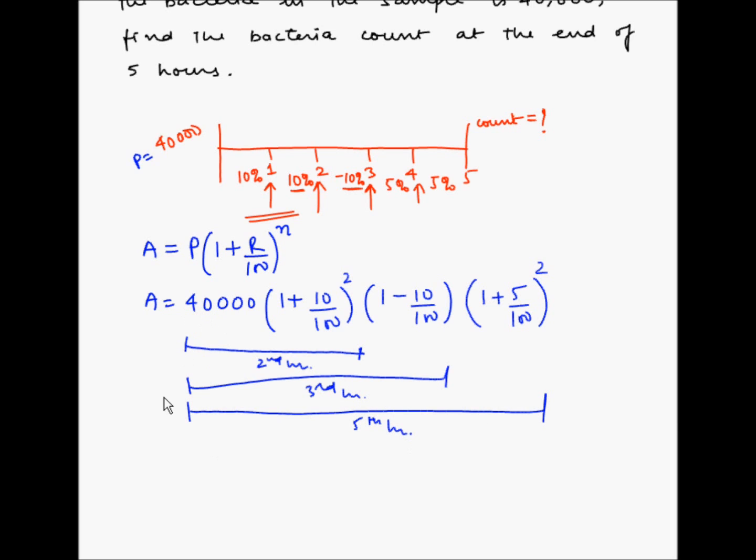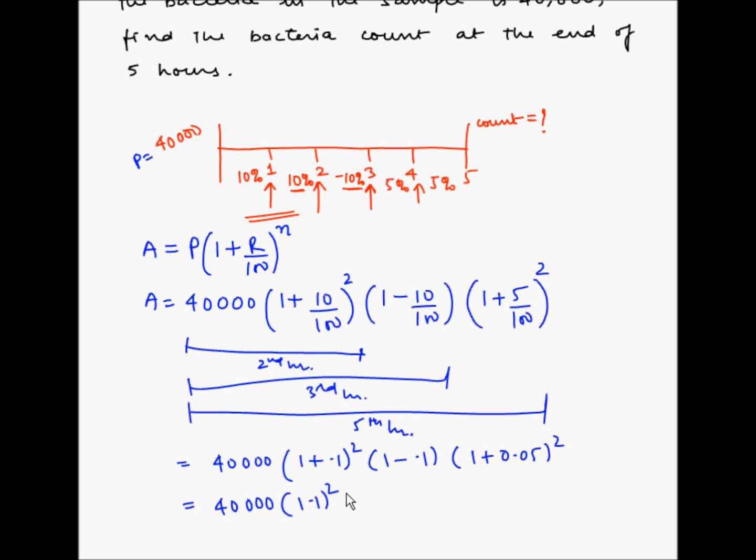So now let's try to solve this. So this is equal to 40,000 times 1 plus 0.1 square, and this is 1 minus 0.1 multiplied by 1 plus 0.05 square. So this is equal to 40,000 multiplied by 1.1 square multiplied by 1 minus 0.1 is 0.9 multiplied by 1.05 square.